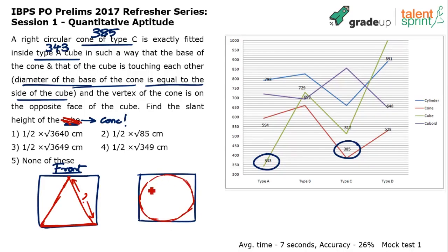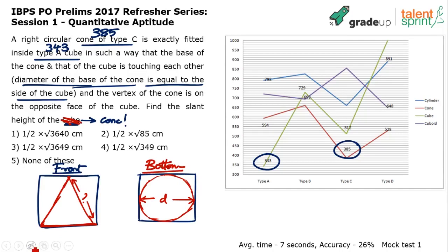Yeah, I think good only. My drawing skills have improved. So this is what happens. It says the diameter of the base of the cone is equal to the side of the cube. This is the side of the cube, S. So diameter is equal to the side. So this is basically the diagram, the front view and the bottom view. Now you need to merge these two and visualize the diagram there.